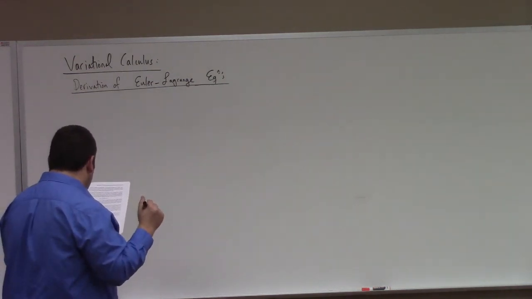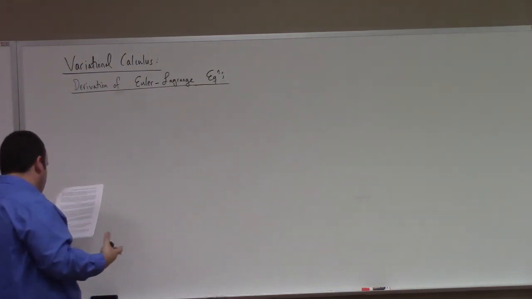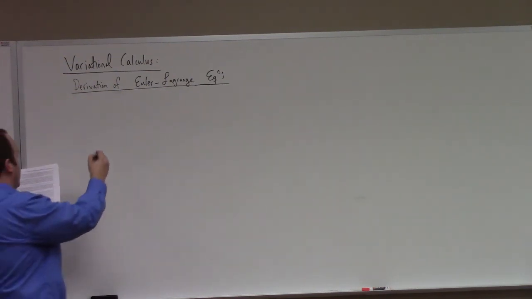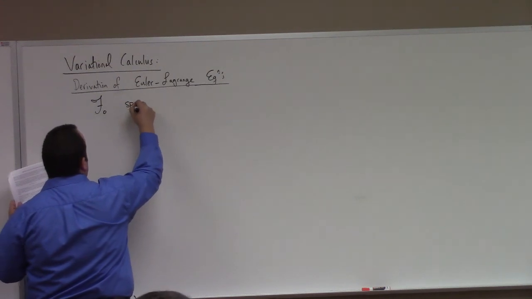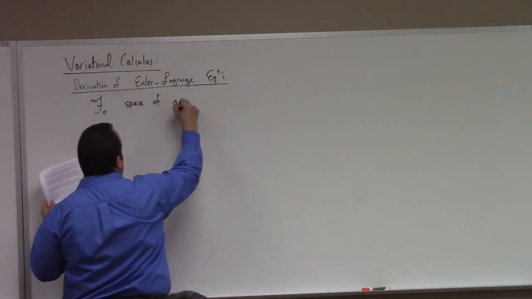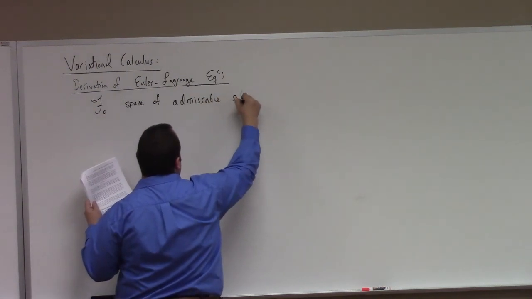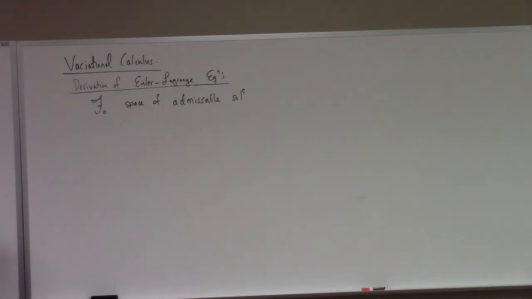So here we go. What we have to do is consider some space of functions, some potential solutions to our problem. We're going to say that F naught is the space of admissible solutions. So this is some sort of set of functions. Usually you assume this space of admissible solutions has some kind of property.